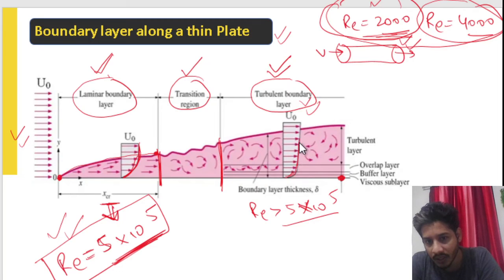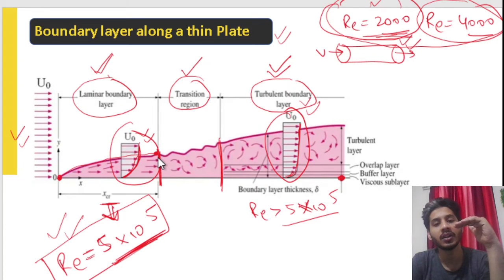It is somewhat flatter than this. You can compare these two. The graph for laminar is parabolic, and the graph for turbulent is flatter than this.